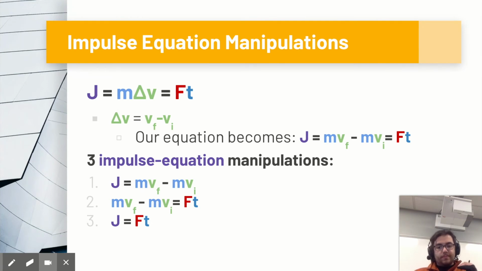You will never have a problem where you have all three in one question. Okay? So always cross out one of the two in order to solve these impulse problems. You'll only ever use two parts. Okay? So your goal is to be able to figure out how and when to use those two parts.